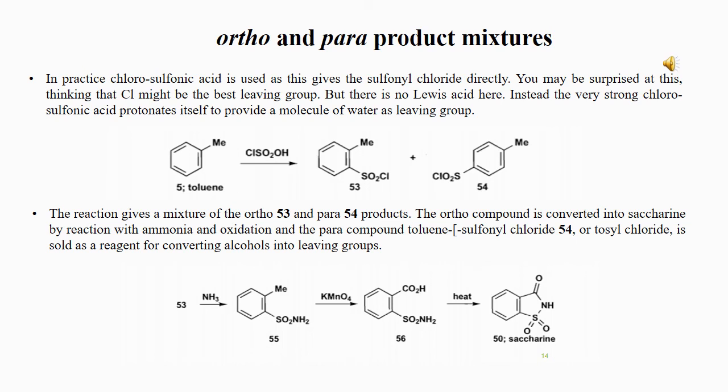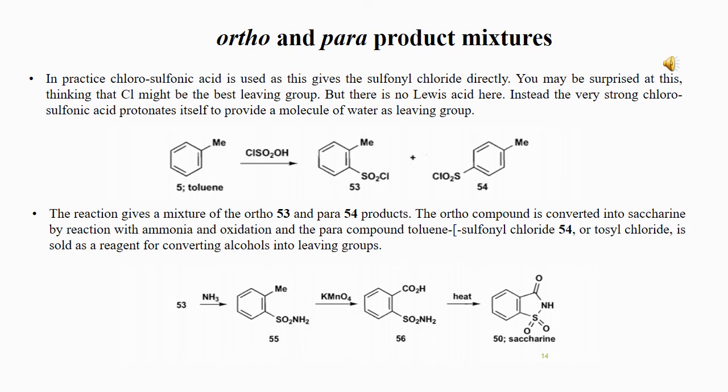The toluene can be reacted with chlorosulfonic acid to give 53, sulfonation. The chlorosulfonyl group is added, and then two isomers are formed, ortho and para.